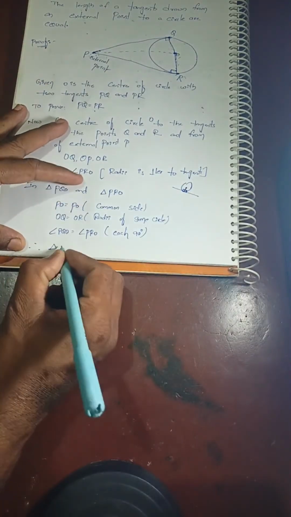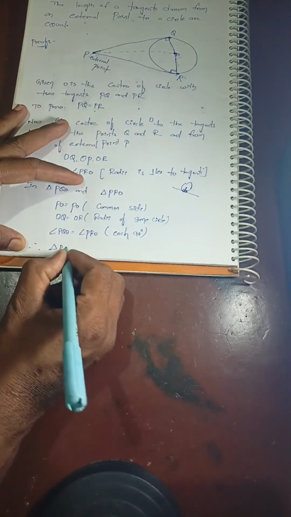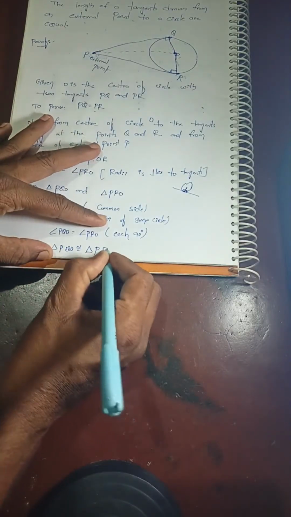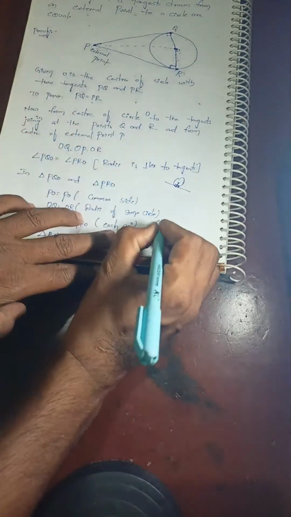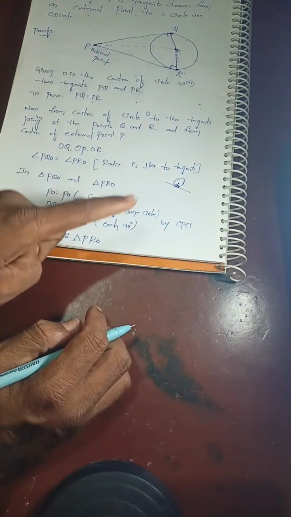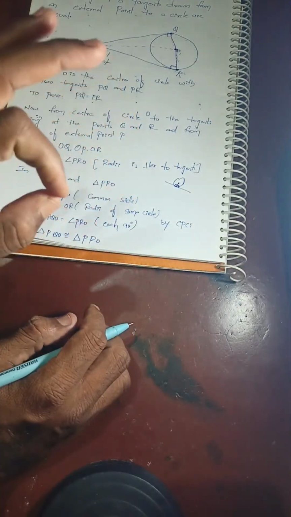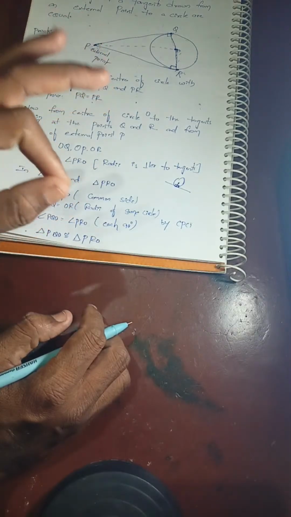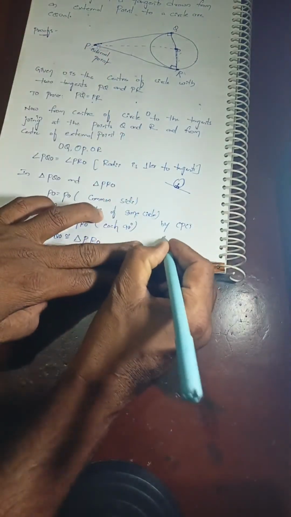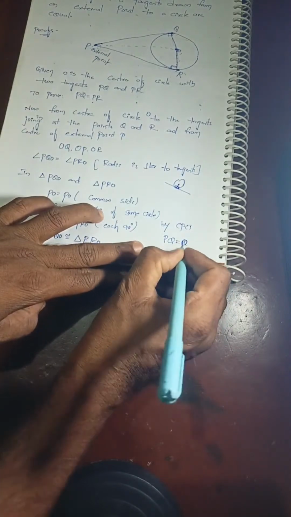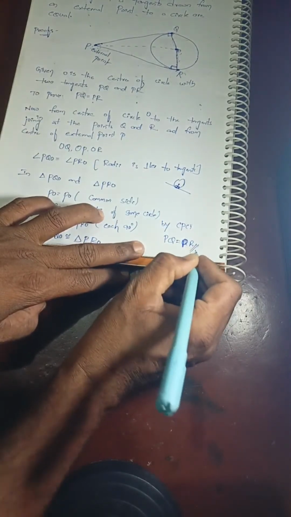Therefore, triangle PQO is congruent to triangle PRO, and by CPCT, corresponding parts of congruent triangles, PQ is equal to PR.